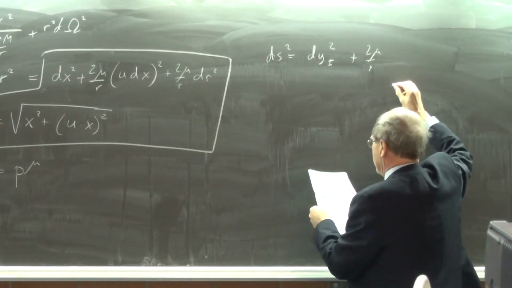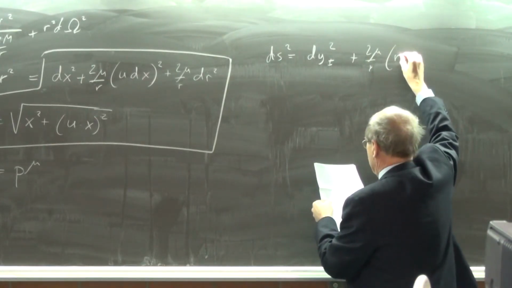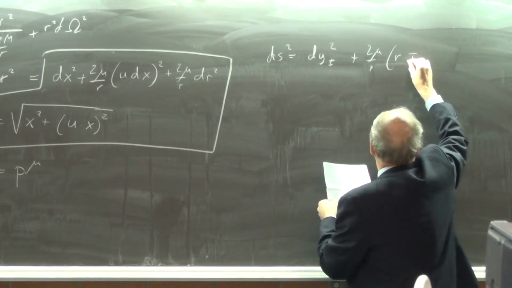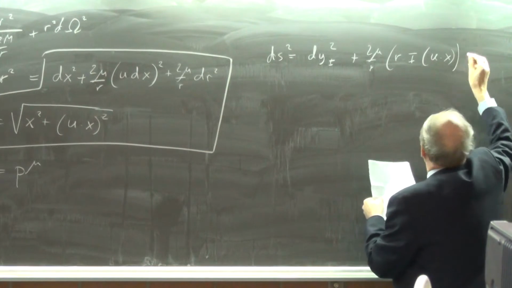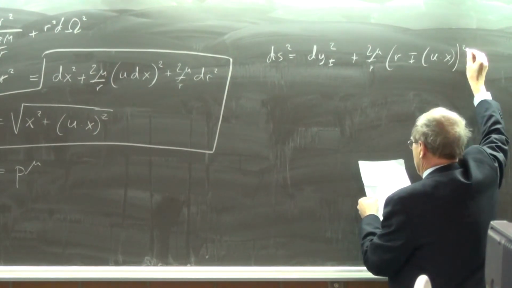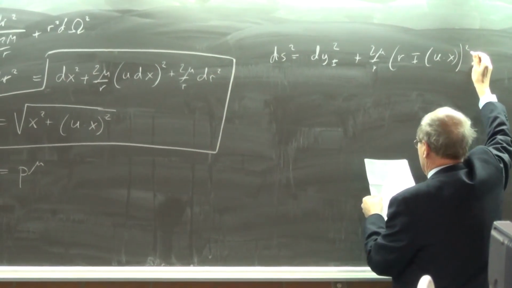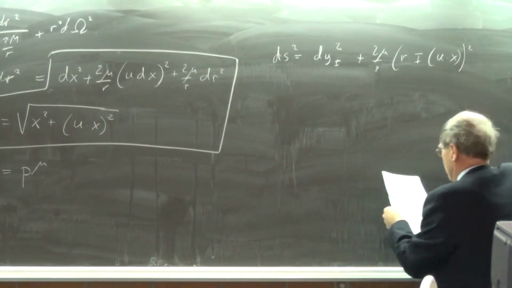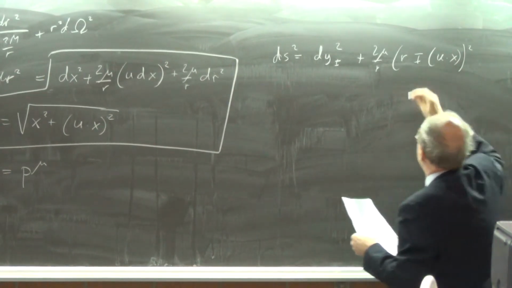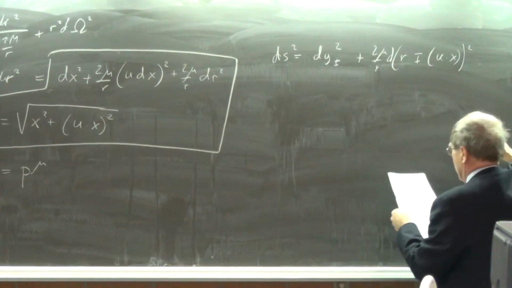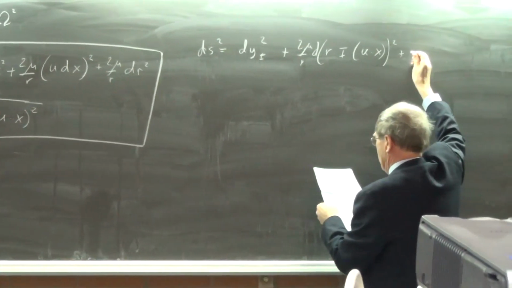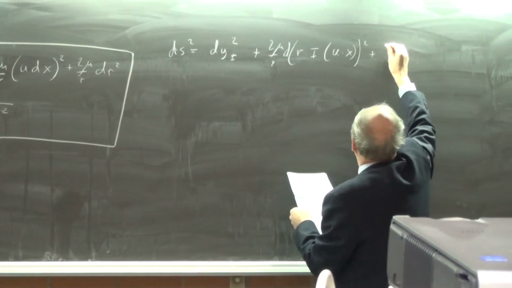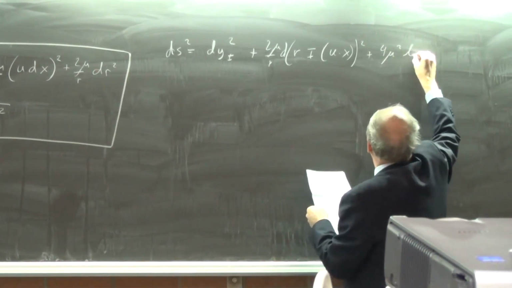But then you get here r minus plus u dot x squared, and plus 4 mu squared d log r squared.